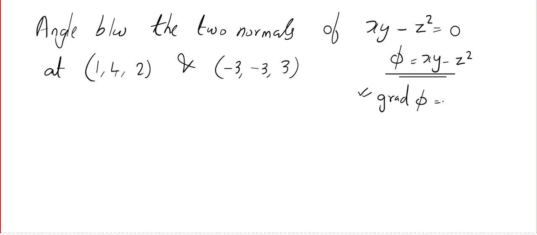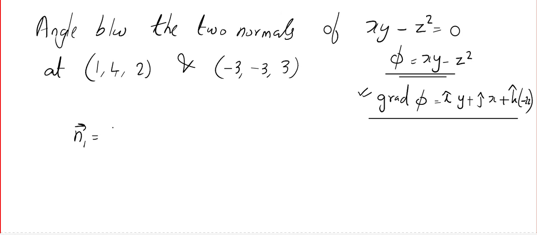And what's the gradient? i times differentiate with respect to x, so that will be y, plus j times differentiate with respect to y, that will be x, and plus k times minus 2z. Yeah. So this is the gradient. Now n1 means the gradient at the particular point 1, 4, 2.